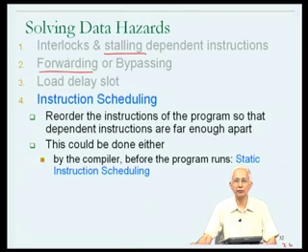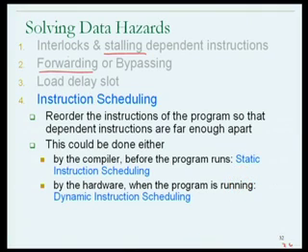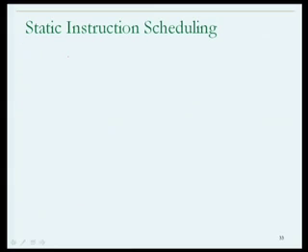In other words, if you looked at the executable file, the a.out, you would find the instructions in their rescheduled order, not the order which had the problem with the hazard. The alternative would be, and we will look at this only briefly, that the pipeline processor hardware could be designed to do the rescheduling, the reordering of instructions dynamically. We will start by looking at the idea of static instruction scheduling.